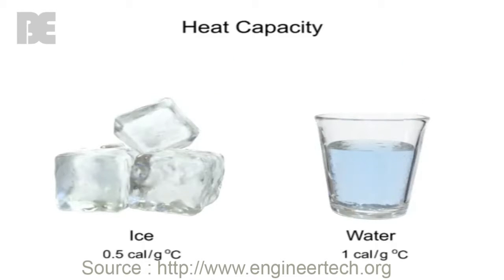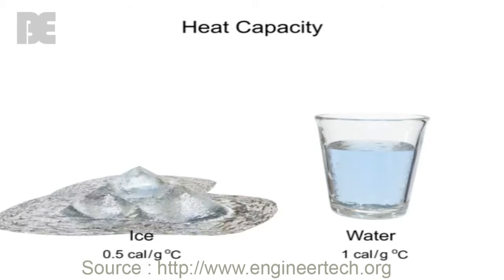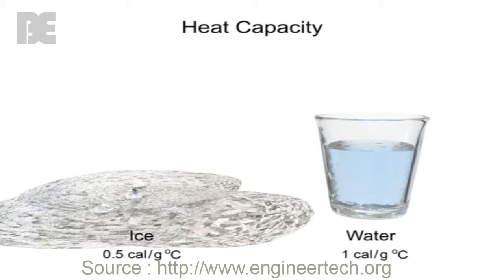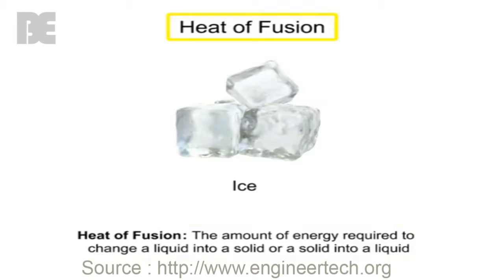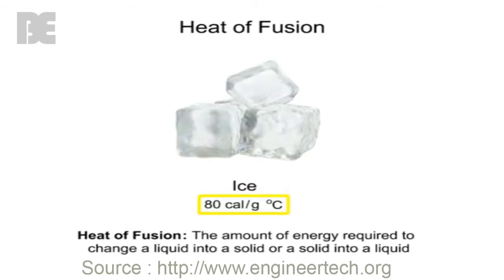The processes of phase change between solid, liquid, and gas also require a specific amount of heat energy. The amount of energy required to change a liquid into a solid or a solid into a liquid is known as heat of fusion. The amount of heat required to change 1 gram of ice to water is 80 calories.